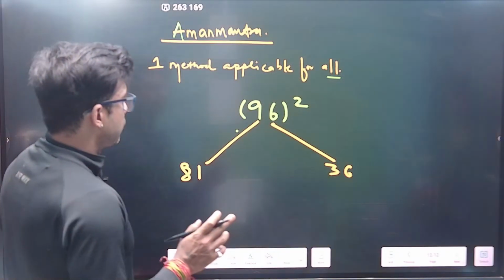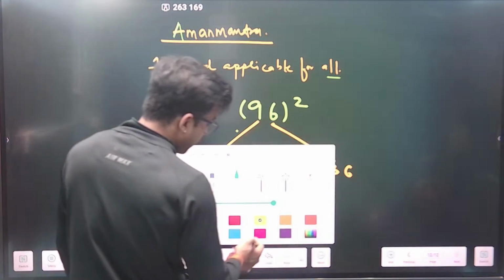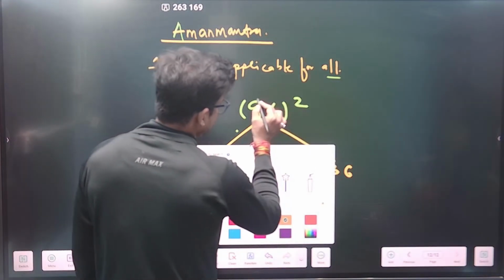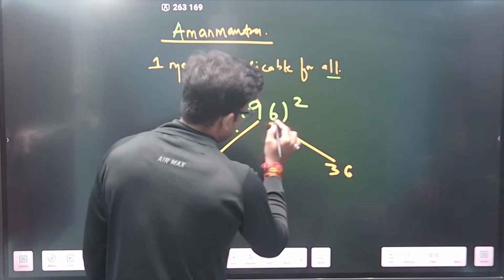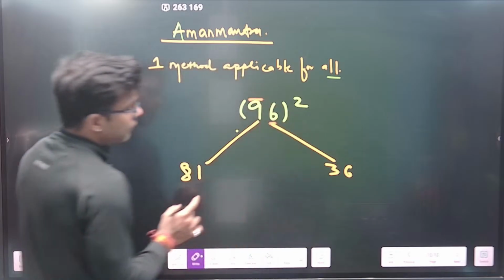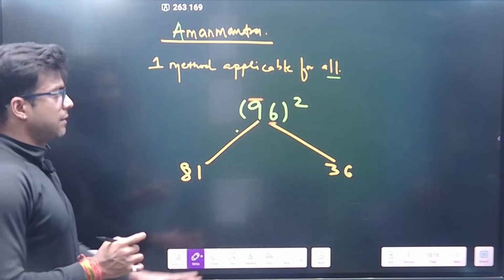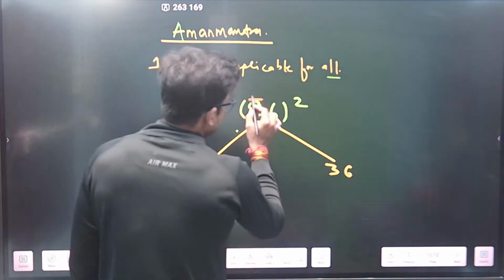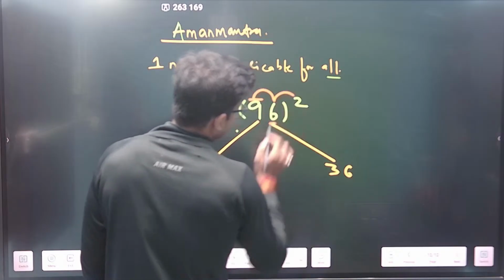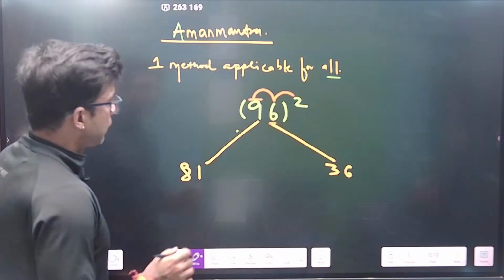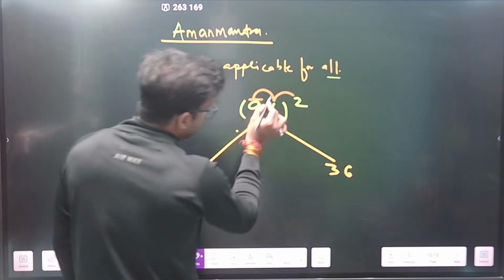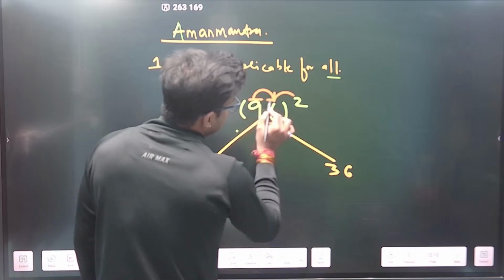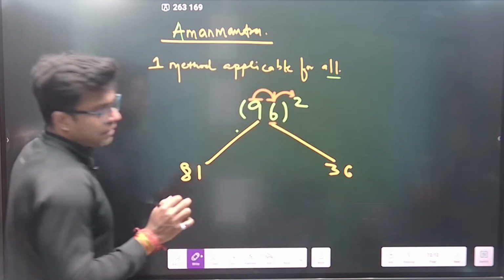First thing you need to do: you have figured out the square of 9 and then the square of 6. Now 9 into 6 into 2. Again, what I'm saying, you need to do 9 into 6 and then 2.